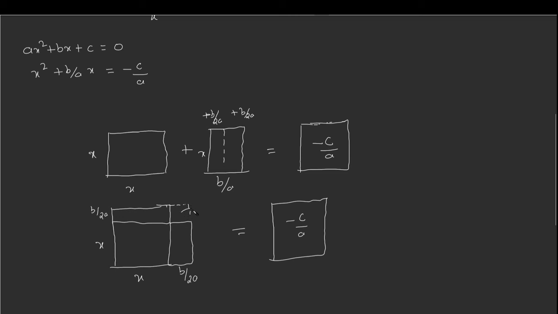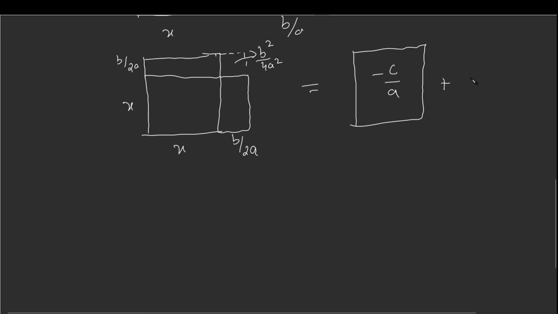This area is b square by 4a square. Now to balance both LHS and RHS, I need to add the same quantity area in RHS. So the area is b square by 4a square.